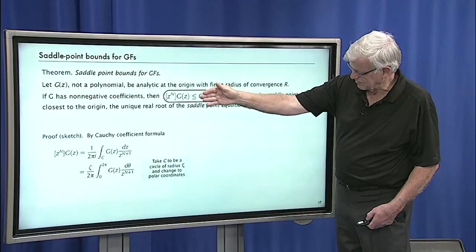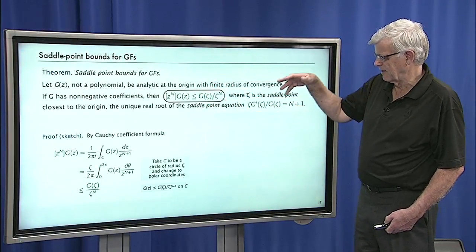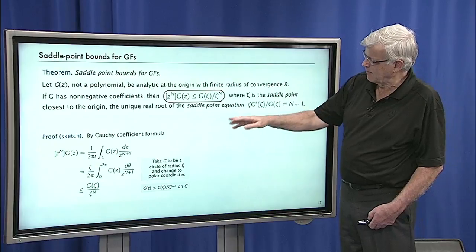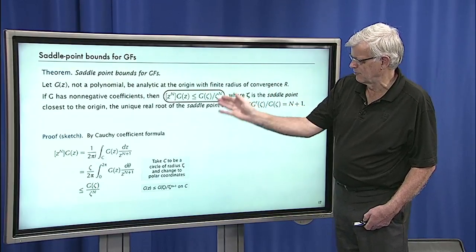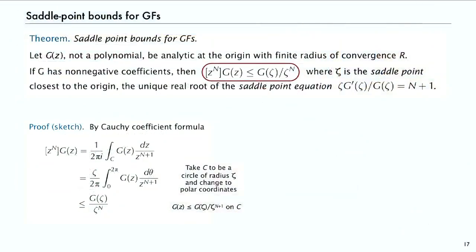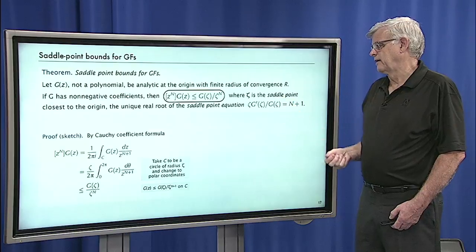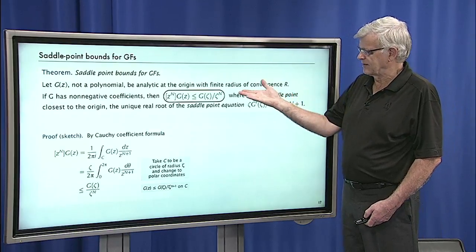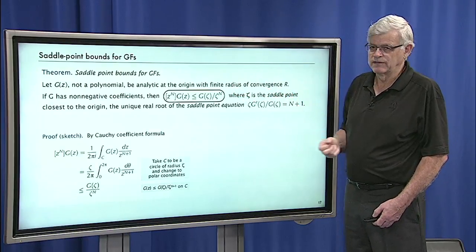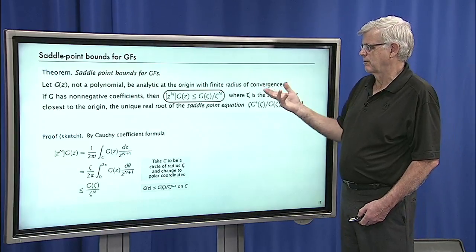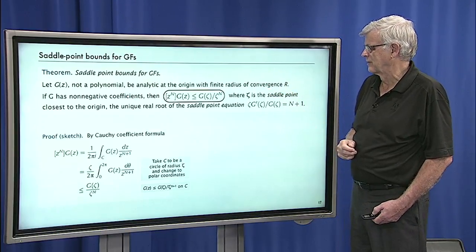Then we get an extra zeta, and if we integrate and everything's constant, then the 2 pi goes away, and all that's left is g of zeta over zeta to the n. So that's an effective bound that we can use to at least understand something about the growth of generating function coefficients.